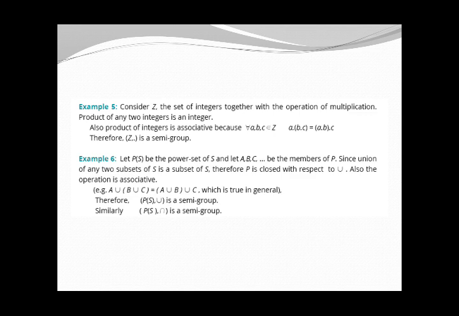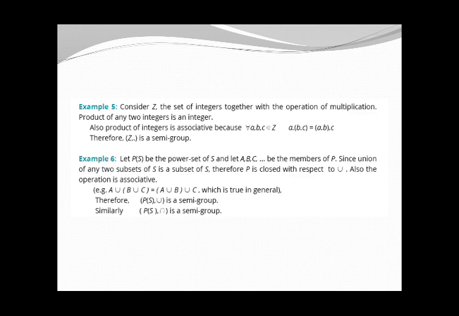Next example is P(S), meaning the power set of S. If S is any set containing any number of elements, then consider its power set. Just like if S contains two elements A and B, then its power set is the empty set, set A, set B and set AB.